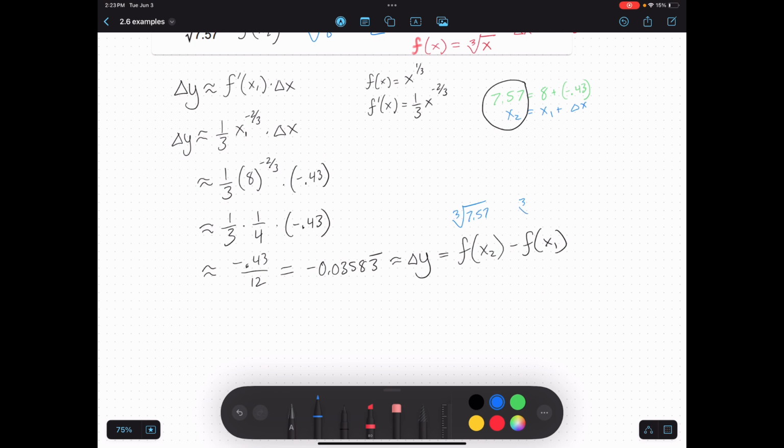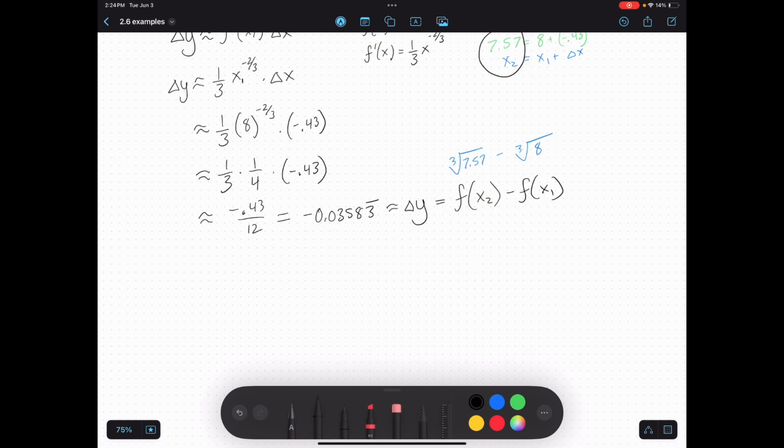F of x1 is the cube root of, what did we choose as my x1? The cube root of 8. So with that in mind, cube root of 8 is just equal to 2. And so I get negative 0.03583 repeated is approximately the cube root of 7.57 minus cube root of 8, which is just 2.